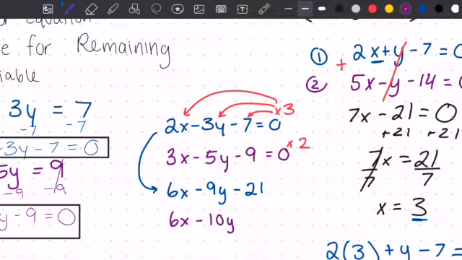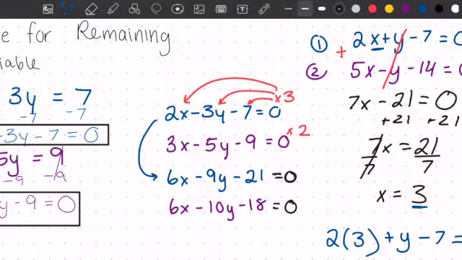And then I'm going to get 2 times negative 9, which is negative 18. And both of these are equal to 0. Does that make sense so far? We're good? Yes? Okay.